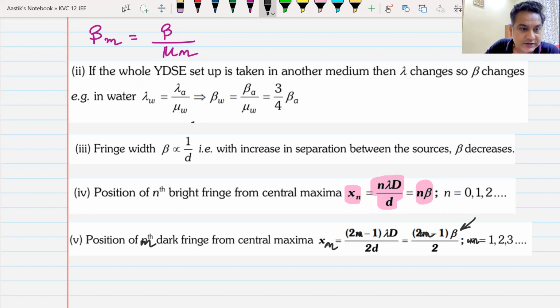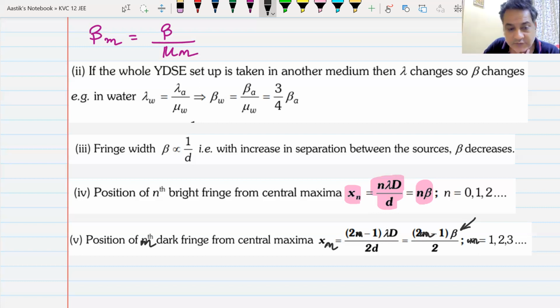The same formula can be written in terms of beta rather than writing it in terms of lambda D by small d. Noted it down? Yes, sir.